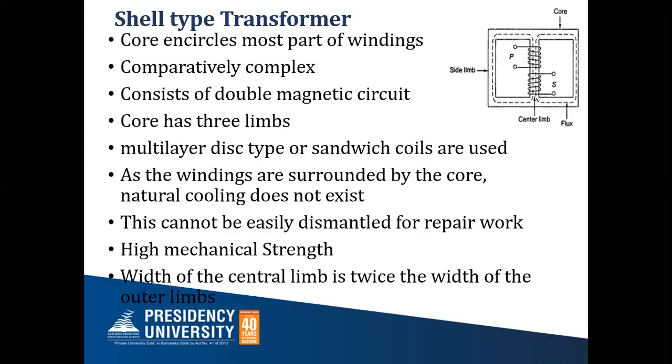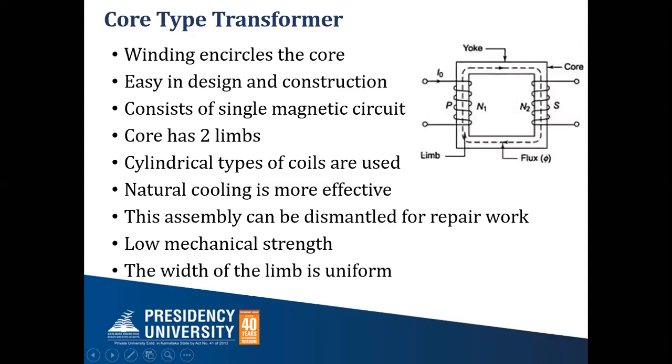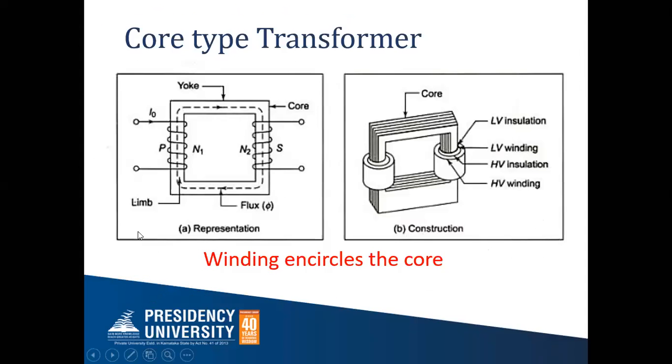Suppose here I'm applying some input, and current is passing through the winding. The flux is produced here, right? The primary winding and secondary winding are connected through the core. I'm assuming the core is a poor conductor, so there is no direct electrical contact from the primary to the secondary.